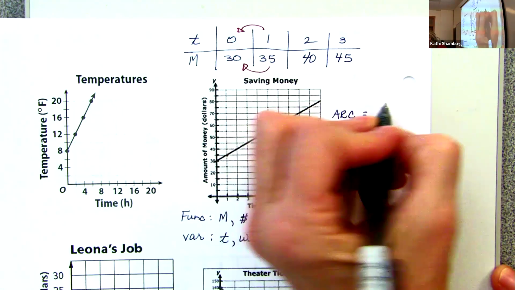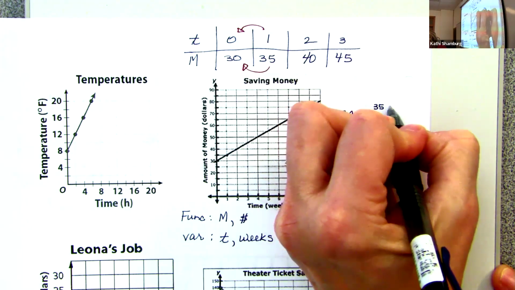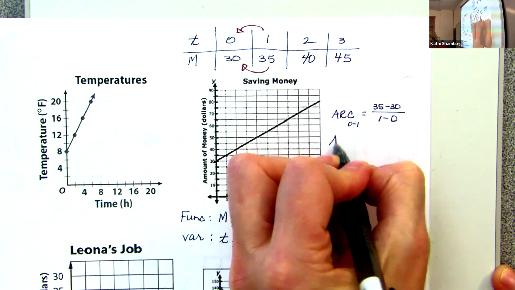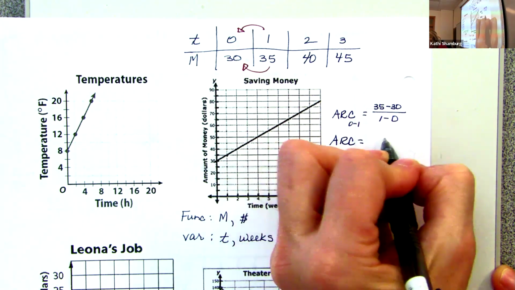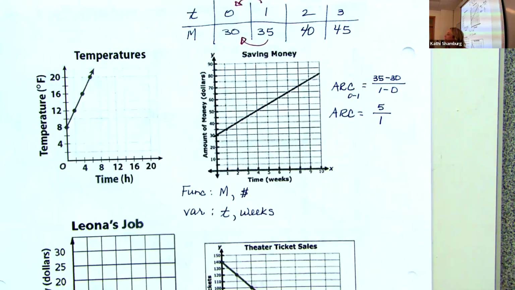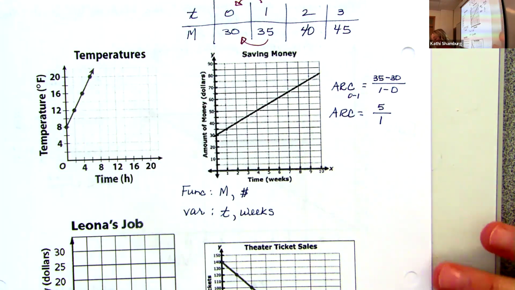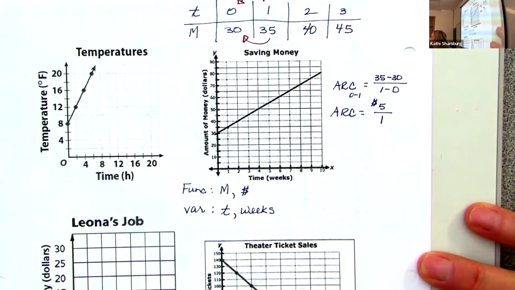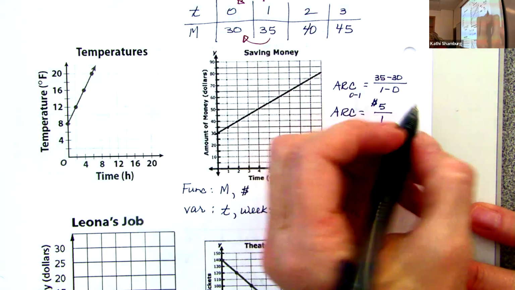So of course, that would give me 35 minus 30 over 1 minus 0. So that's the average rate of change. And now when I get 5 over 1, we can label our numerator and our denominator. What should I put with 5? Dollars. And what should I put with 1? Week.